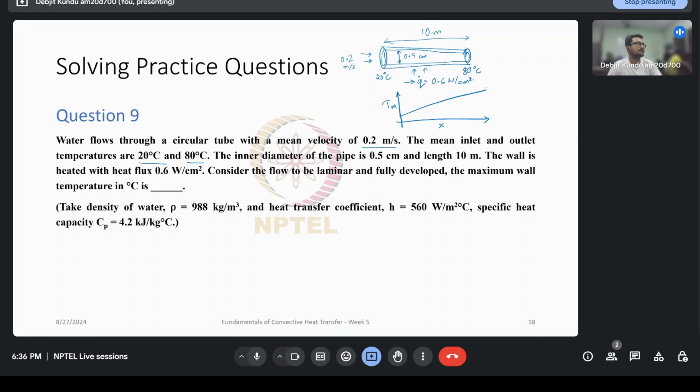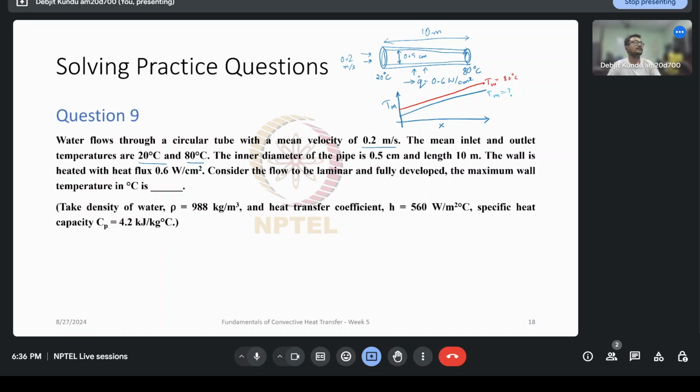And the temperature 80 degrees Celsius is given over here. So I'll use a different color for that. At this point it is 80 degrees Celsius. That is the maximum. So it makes sense that wherever the maximum wall temperature is, the mean temperature will also be maximum over there itself.